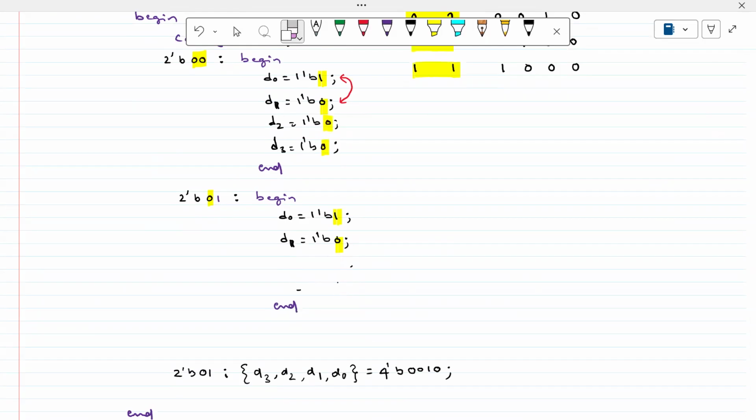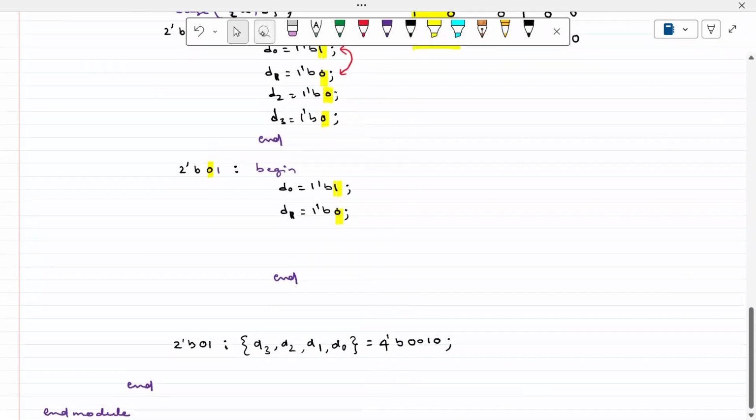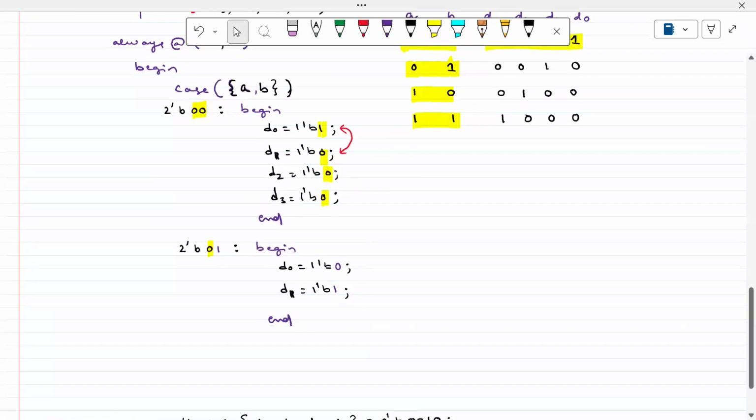Because if these two are not changing, it is possible to write it this way also. This is a 0, this becomes 1, because I have already declared those values, 0 and 1, and they are not changing.